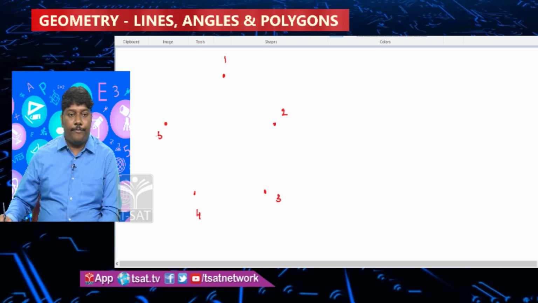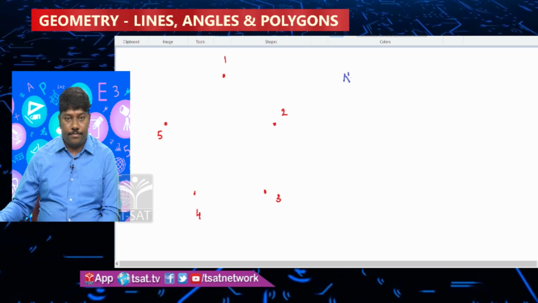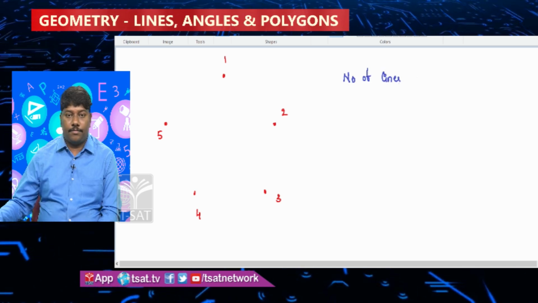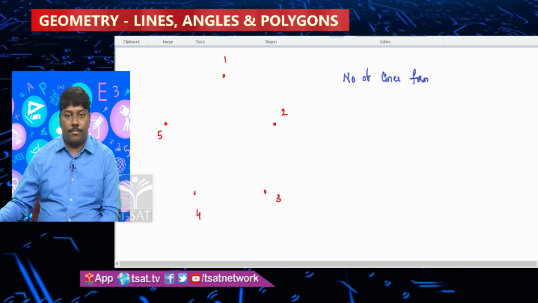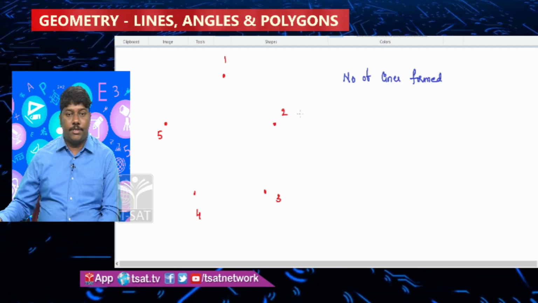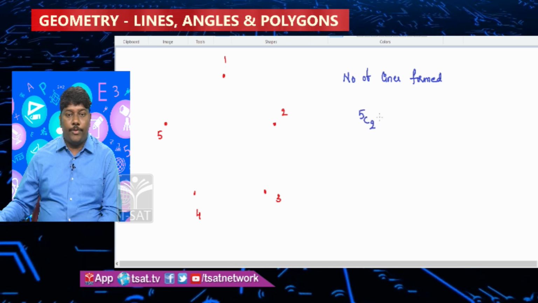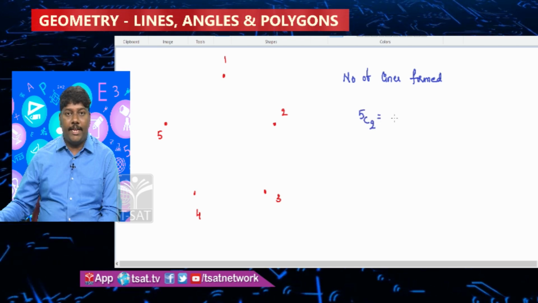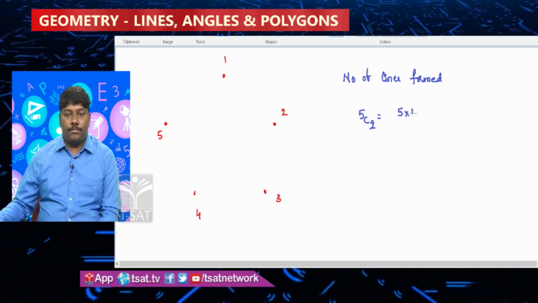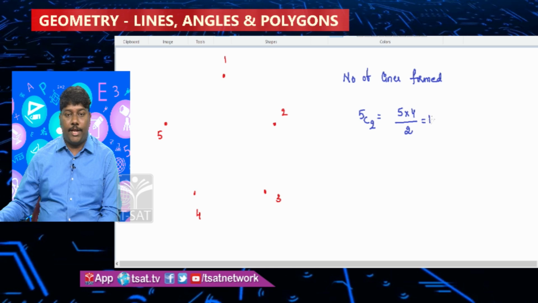By using 5 points, number of lines formed. How many lines can we form by using these 5 points? 5C2. You just need to select 2 points out of 5 points because a line needs 2 points. 5C2 is 5 into 4 divided by 2, which equals 10 lines.